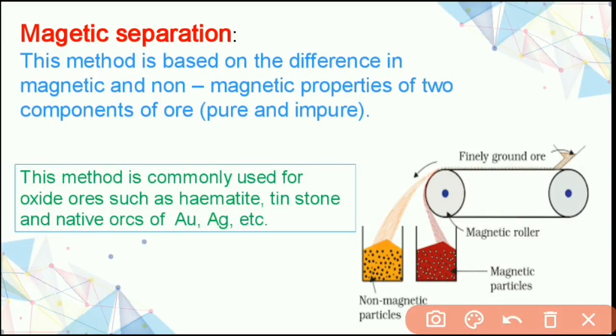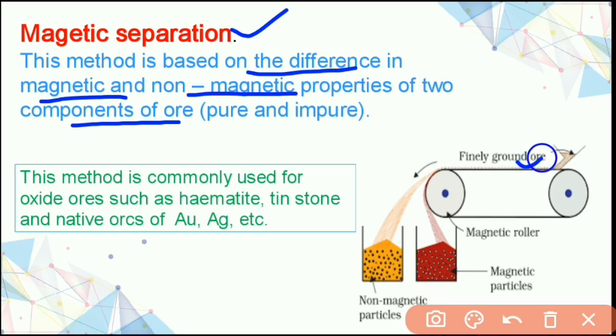The second concentration method is magnetic separation. This method is based on the difference in magnetic and non-magnetic properties of the two components of ore, pure and impure. It means ore and gangue. So in this picture, when passed over the conveyor belt of a magnetic roller, magnetic particles settle in a heap nearer the magnetic wheel, and non-magnetic particles, impurities, fall away from the magnetic wheel.